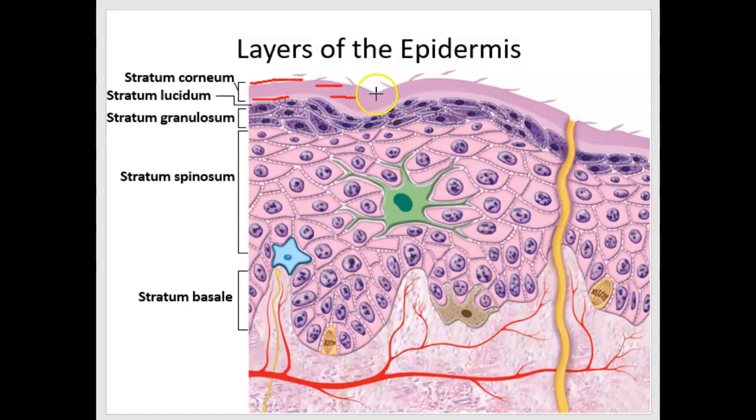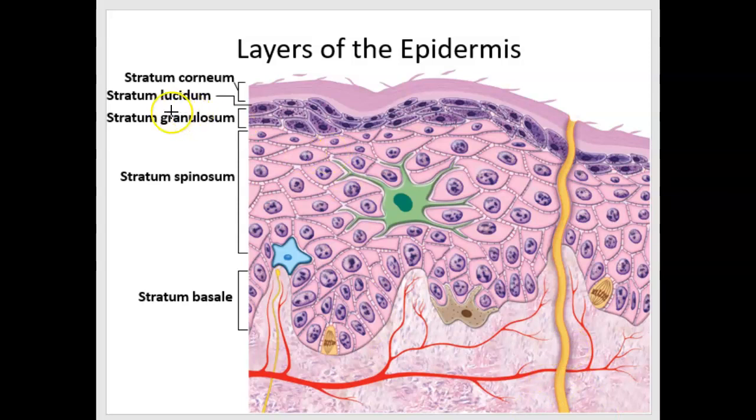In addition, there are some lipid vesicles present in the stratum corneum. Now, underneath the stratum corneum is the stratum lucidum. Again, there are dead cells in the stratum lucidum, and they appear clear due to the fact that there's a protein in them called eleidin.